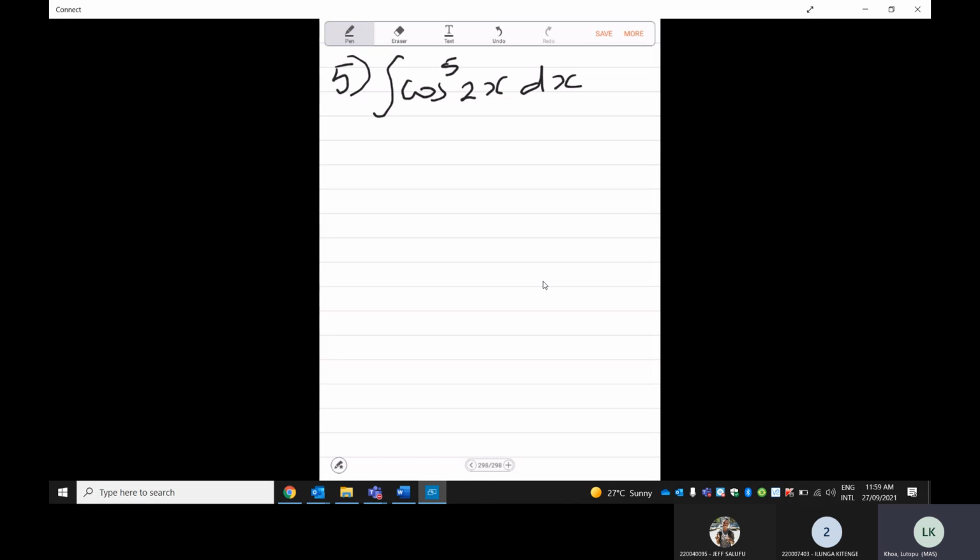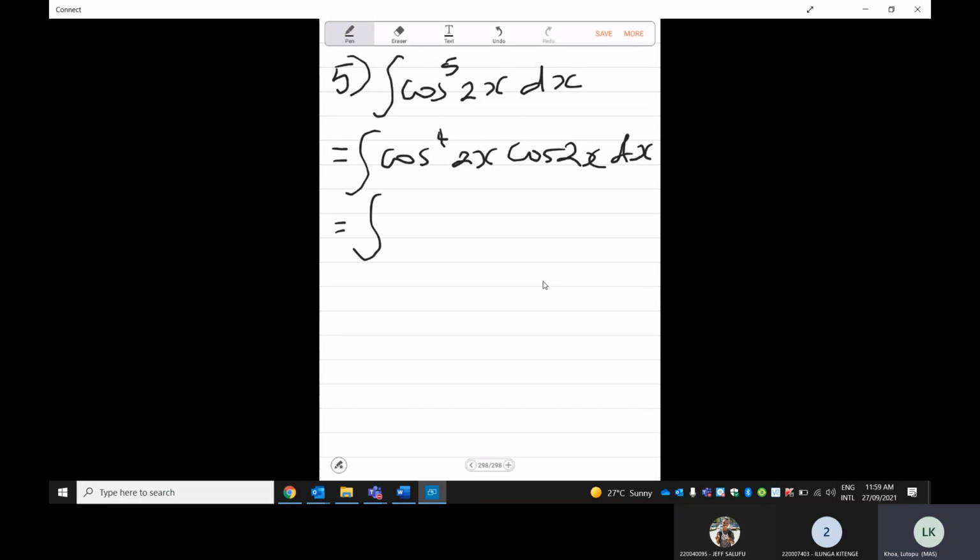And then that cos to the power of 4 we would write as cos squared to the power of 2, and then the cos squared, we would break it down using our double angle identities. So you rewrite it as cos 4 2x cos 2x dx, and then this to the power of 4, we said it's cos squared squared.